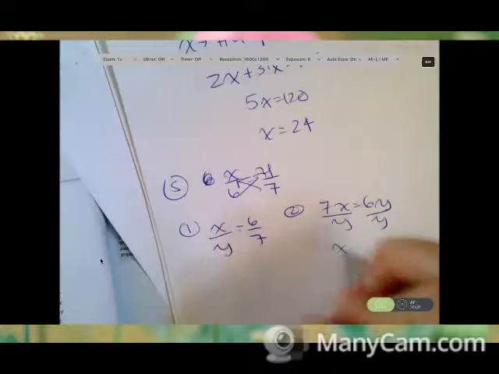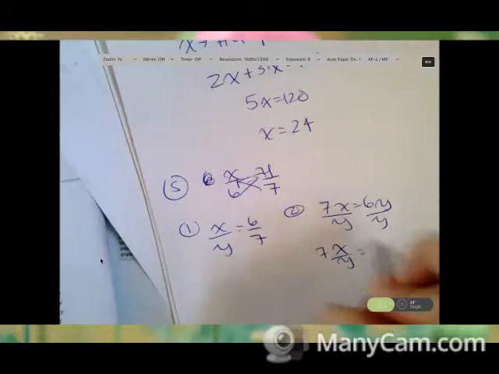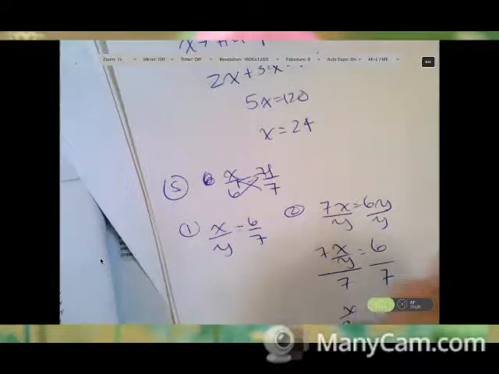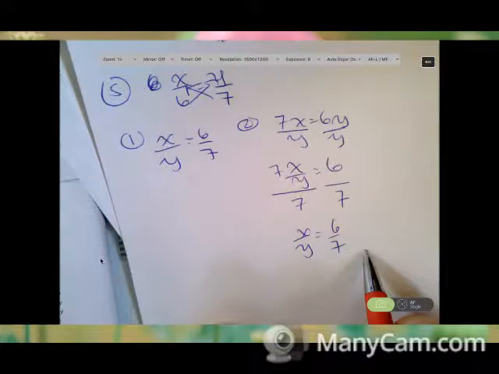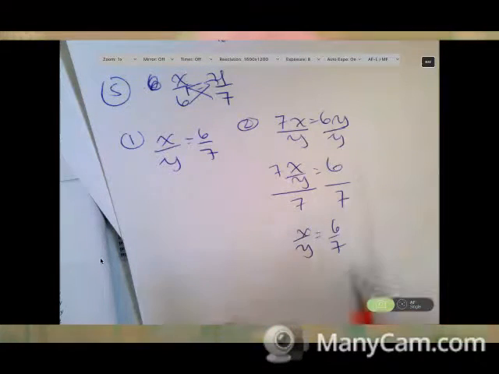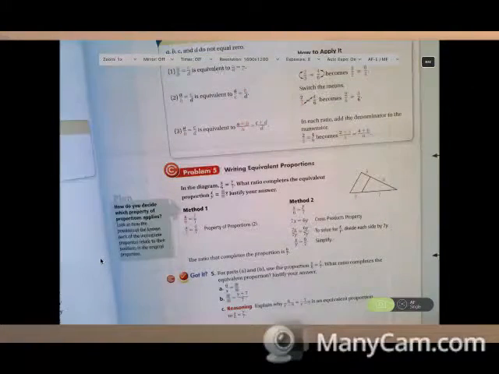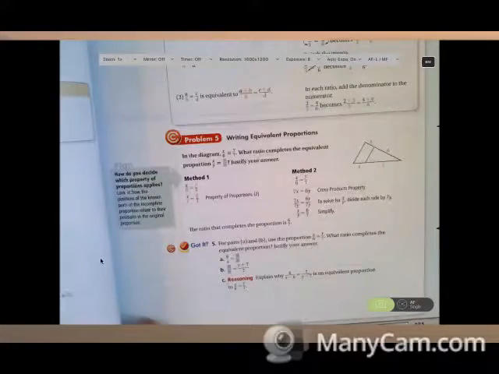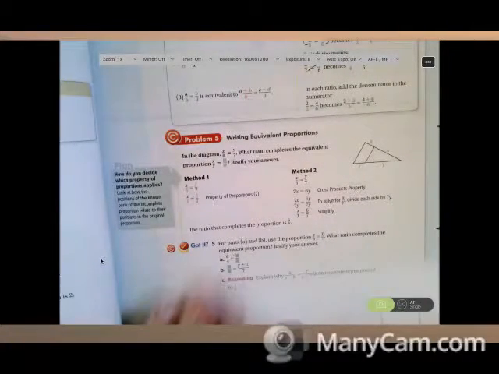Then we're left with 7x over y equals 6, and then divide by 7 on both sides. So x over y equals 6 over 7. So this is if you don't have a picture. You can solve it algebraically, or you can solve it visually. So, get letter A, just right here.